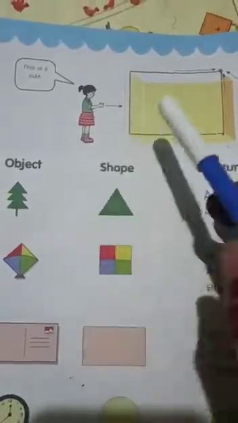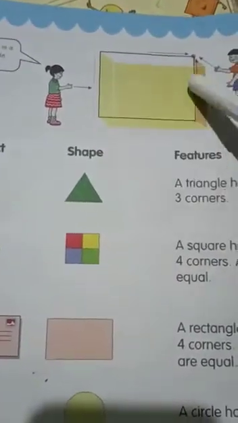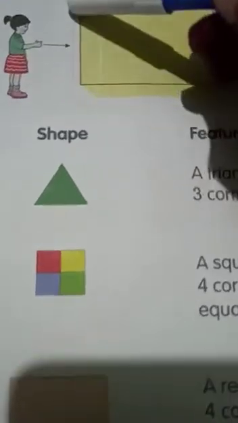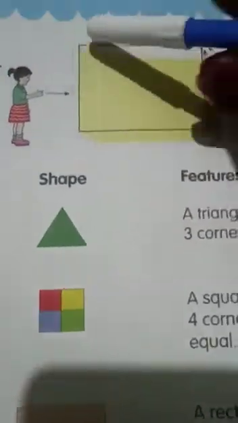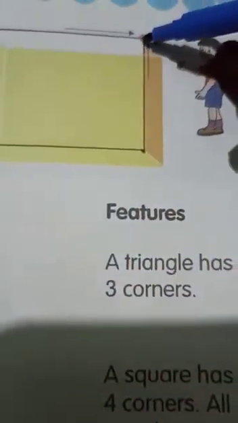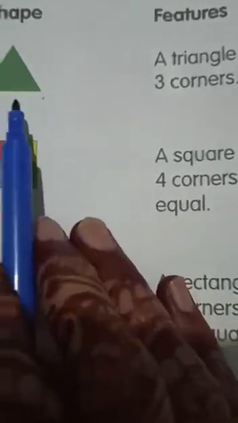Next, here you see this is a rectangle and this is called side. This is called side and this is a corner. What is this? Triangle. A triangle has 3 sides and 3 corners, and it is a square.